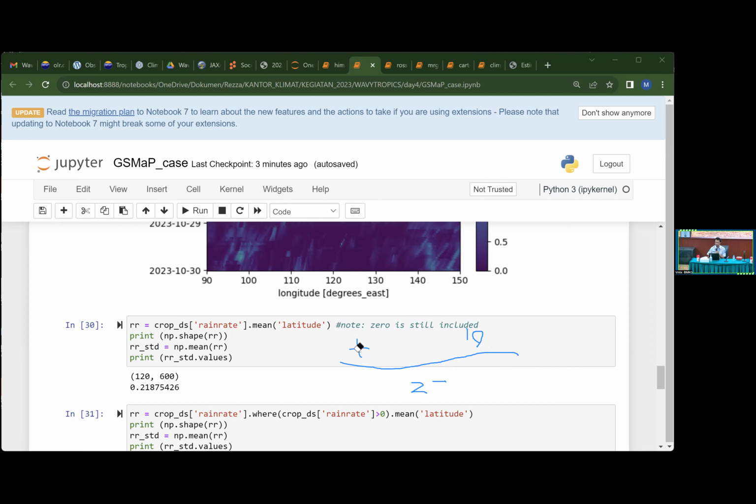One method is to subtract the mean or the climatological value. For ease, I just calculate the mean here.